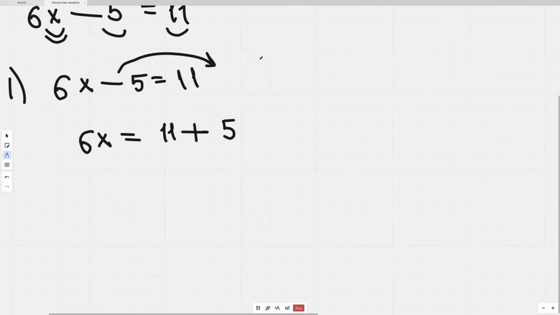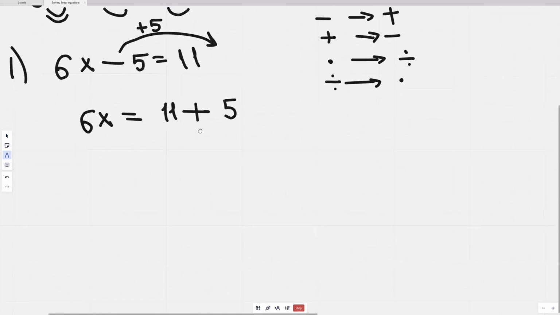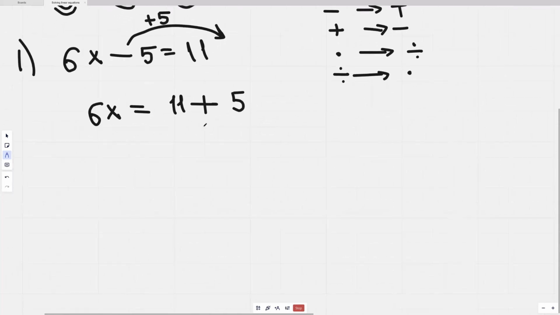It should be the opposite: minus should be changed to positive, positive to negative, multiplying should be dividing, and dividing should be multiplication. And the 6x is equal to 11 plus 5, which is 16.